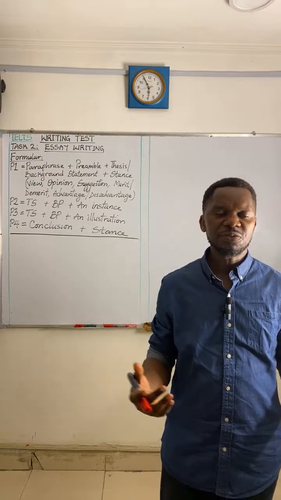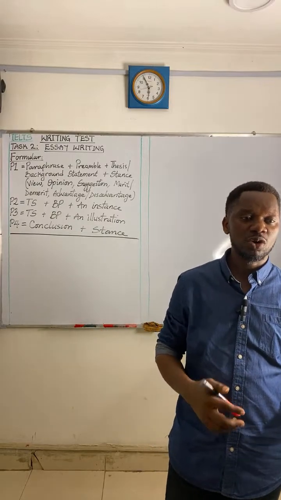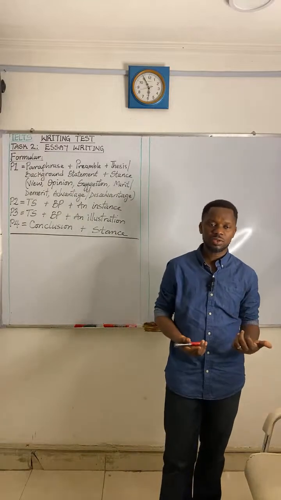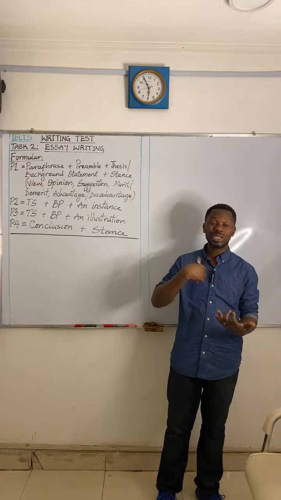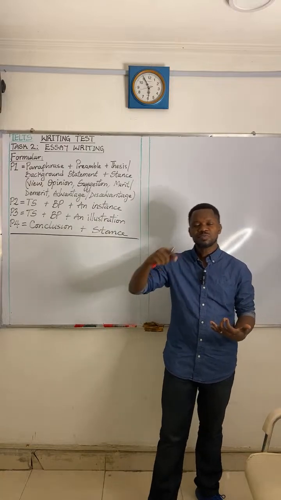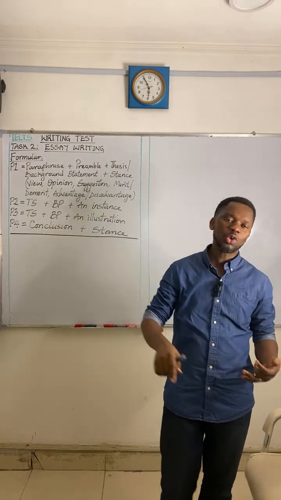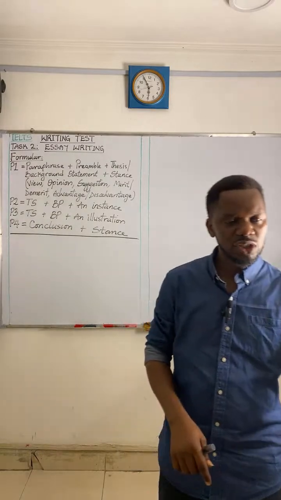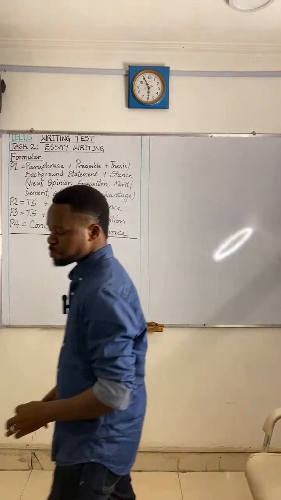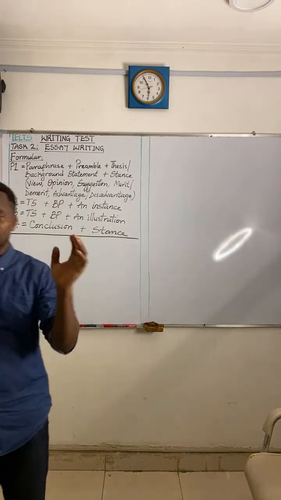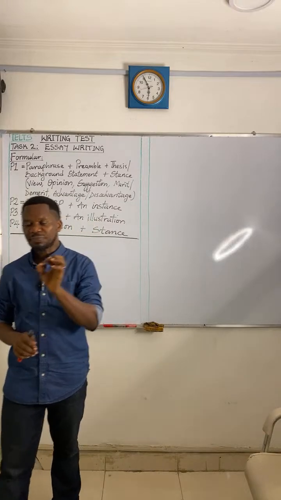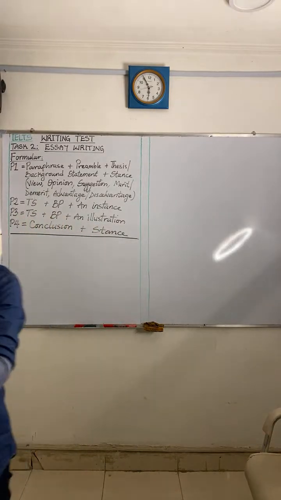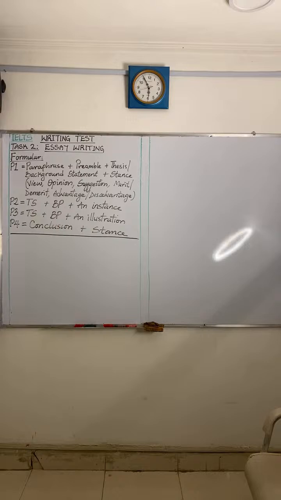For instance, if the question says, do you agree or disagree, and give your own opinion, your thesis or background statement would confirm to the examiner that you would be writing in agreement, or you'll be writing to disagree with the concern raised. If the question says discuss both sides of the question, your thesis or background statement would definitely establish that your essay will be aimed at discussing lucidly the concerns raised.